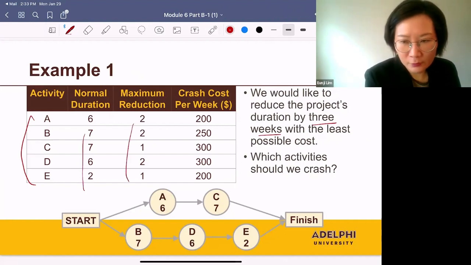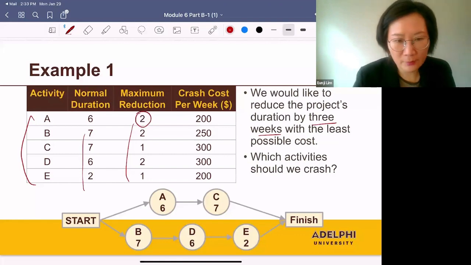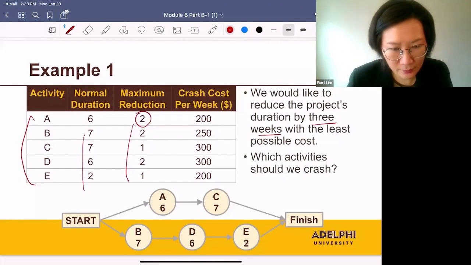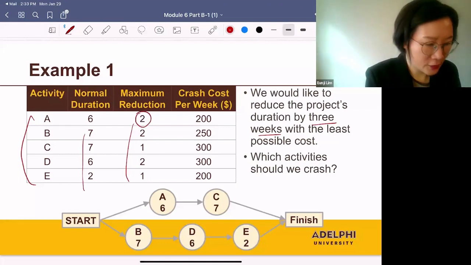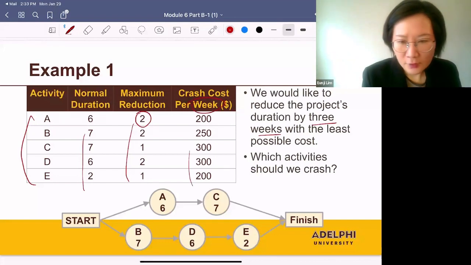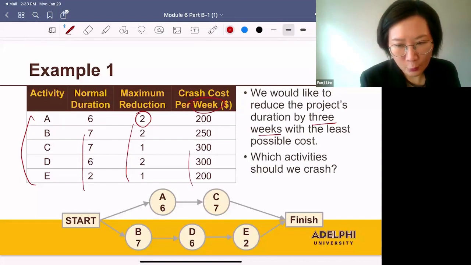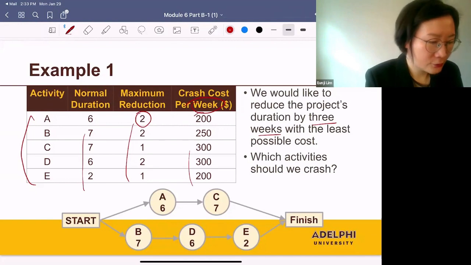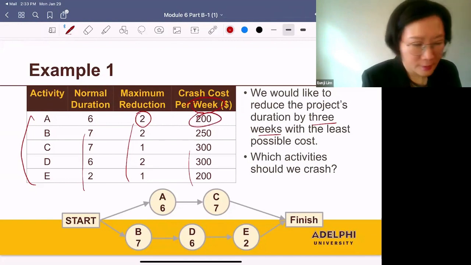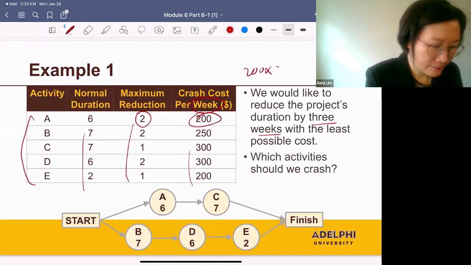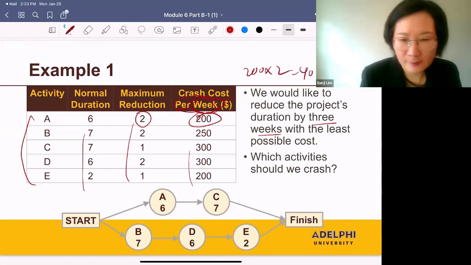So for example, we can reduce A's duration by 2 weeks at most. And we are given the crash cost per week. So to crash A's duration by 1 week, you need to spend $200. 2 weeks, 200 times 2, 400. So this is the crash cost per week.